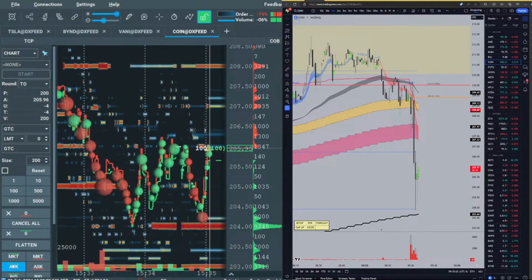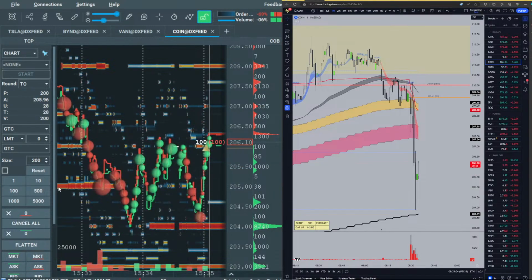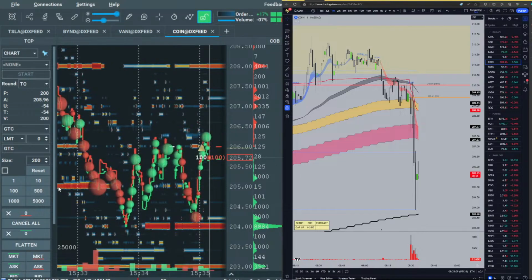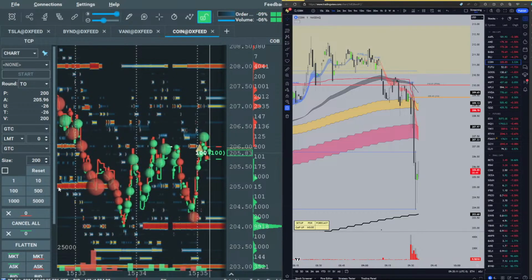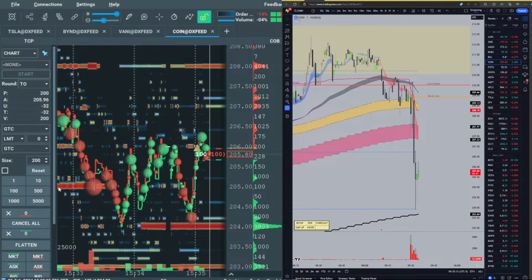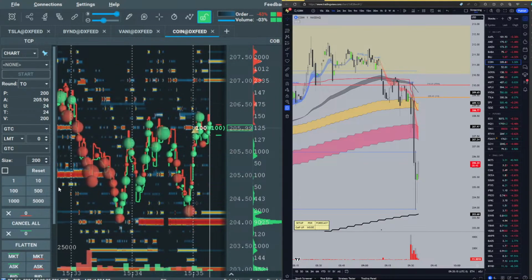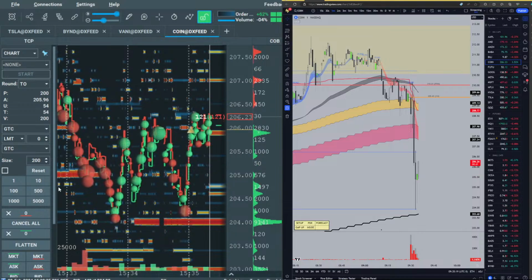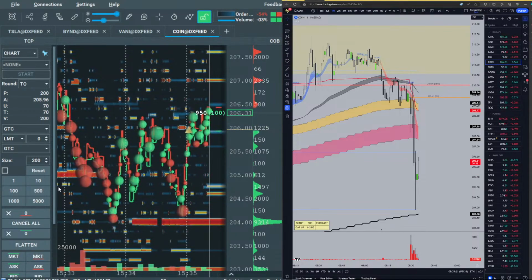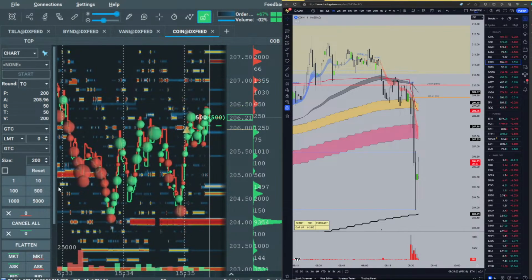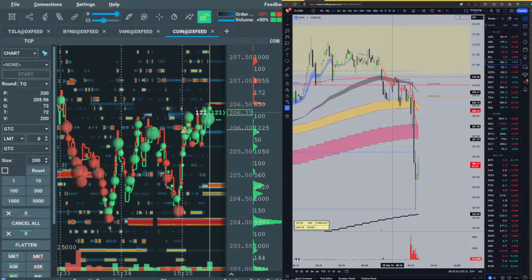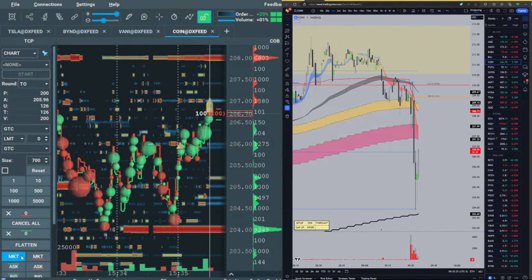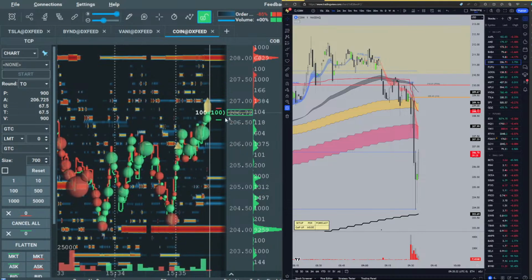We start in a position over here. Right now, 205 and 80 is 206. So COIN, being that we have a major demand zone at 205, we're risking that low of the day, starting position 206, TP over here 210. We're adding to the position now at 206 and 50.